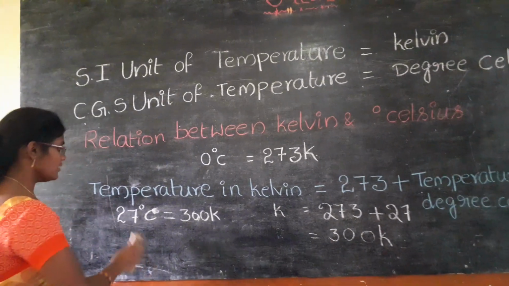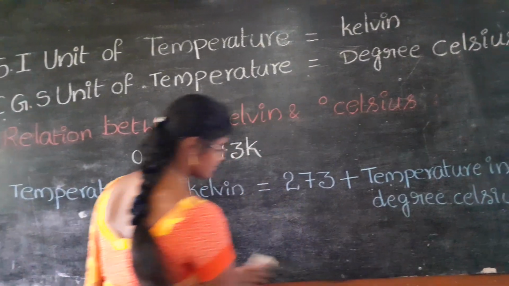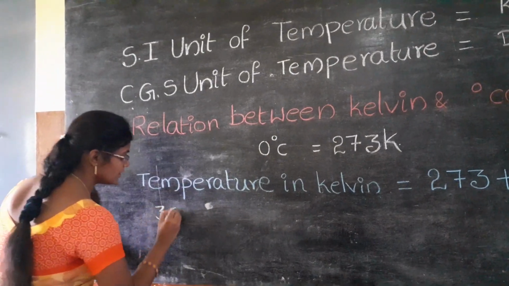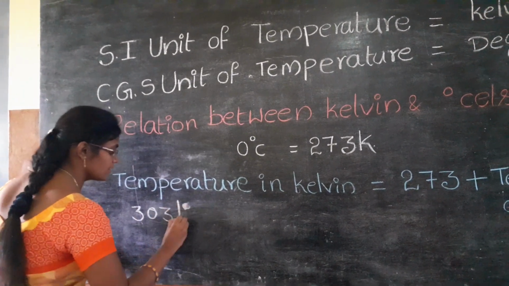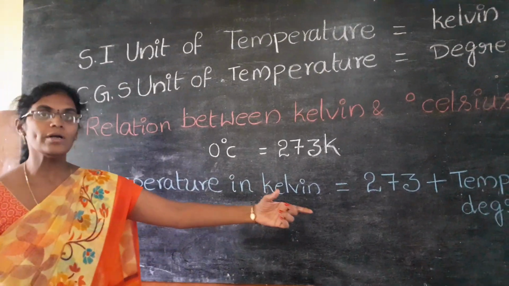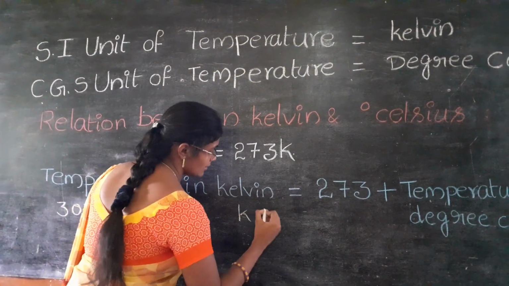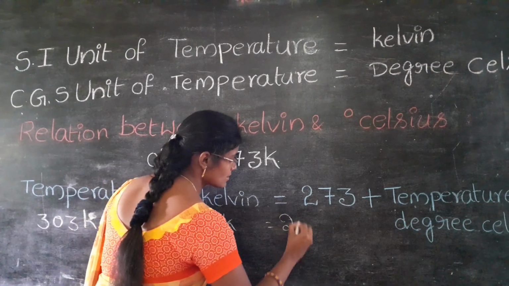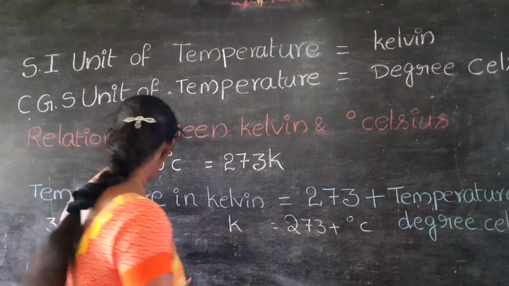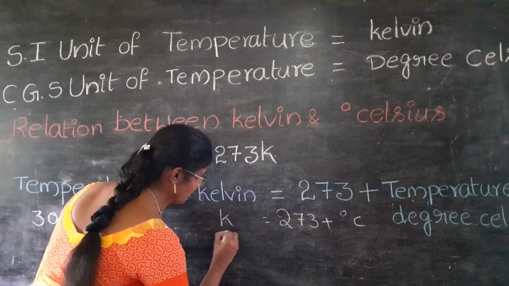And next, how to convert Kelvins into degree Celsius? Now take 303 Kelvins. Convert this 303 Kelvins into degree Celsius. K is equal to 273 plus degree Celsius in short form. Here we need degree Celsius, so bring this 273 to the RHS.